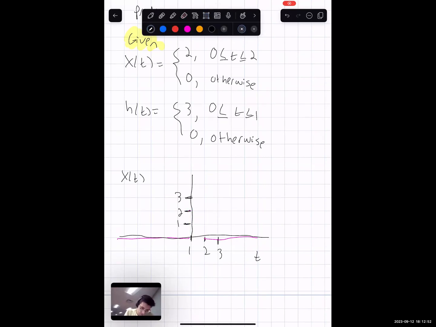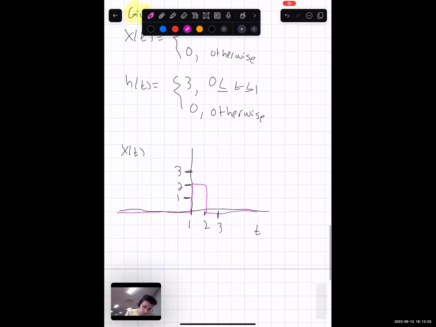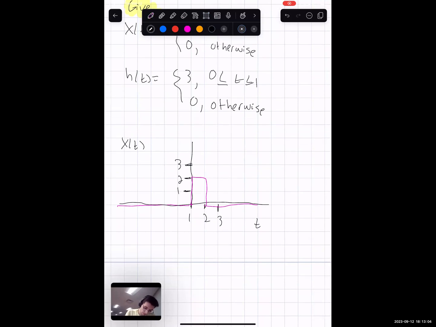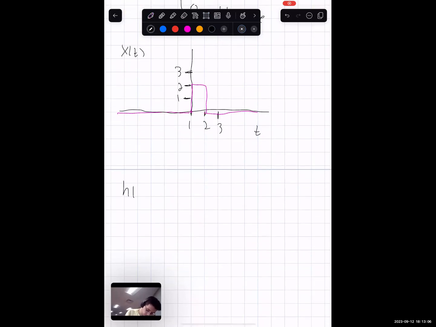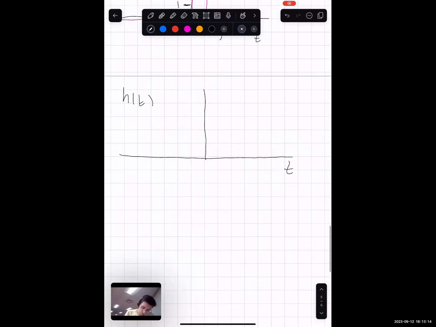So we're going to have this function. It's going to be 0 besides between 0 and 2 on t, and then in that time interval it'll be equal to 2. Okay, so now we're going to also graph h of t. Once again, it's going to be pretty similar.